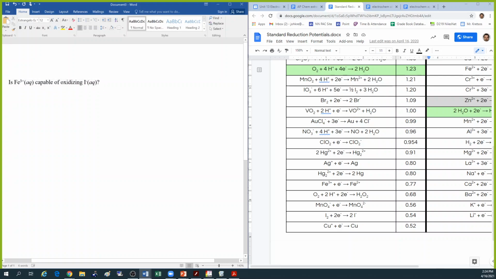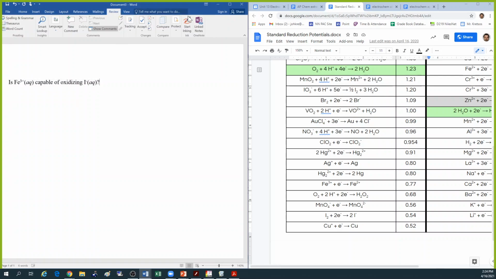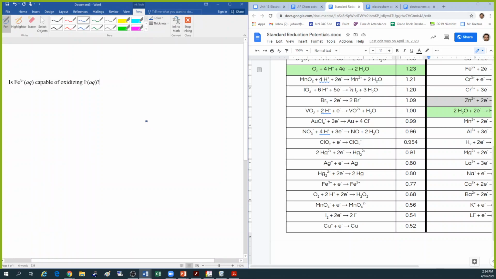Okay, anyway, so we're going to take I2 plus 2 electrons goes to 2I minus. And the reduction potential for this one, I'm not going to put the little red, I'm just going to assume we know, is 0.54.